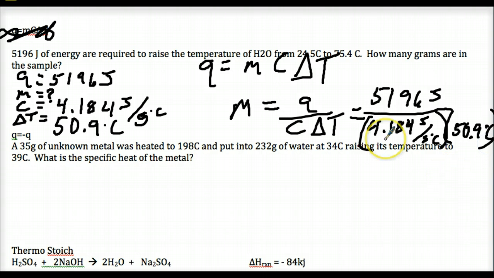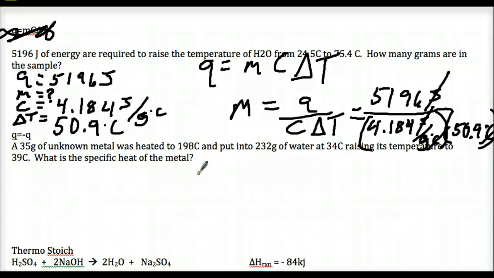Joules cancel with joules, and degrees Celsius cancel with degrees Celsius. We're left with grams in the denominator of the denominator, so you take the reciprocal. Our answer will be in grams, and that's what we're looking for, mass. Let the units dictate the direction the problem goes.